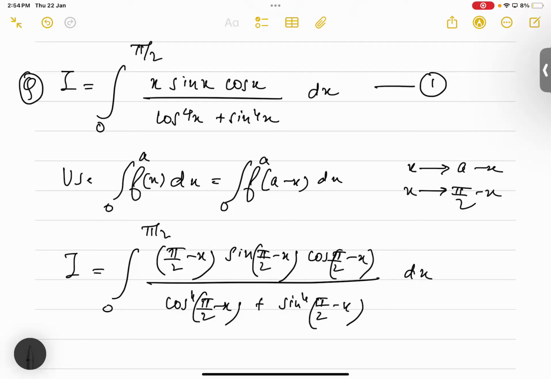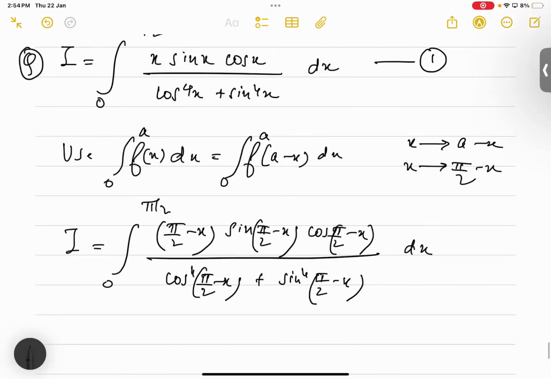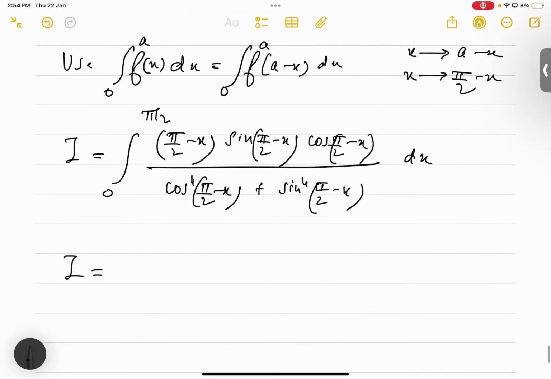So sin of pi by 2 minus x is cos x. Four plus product. We added plus, like I added.